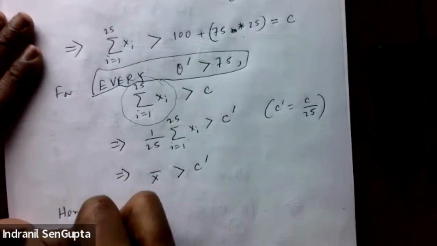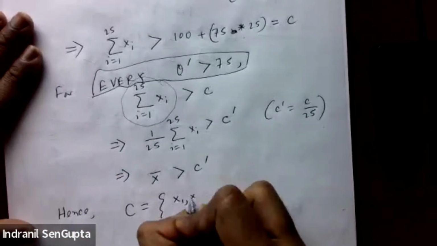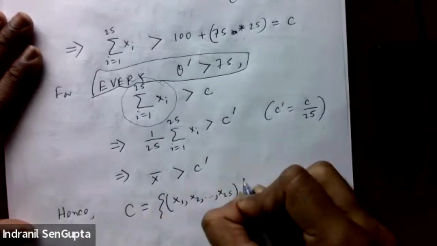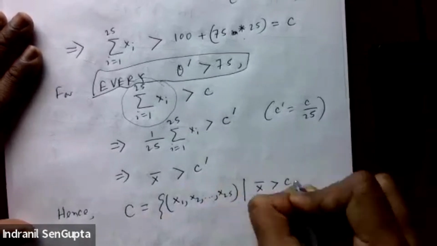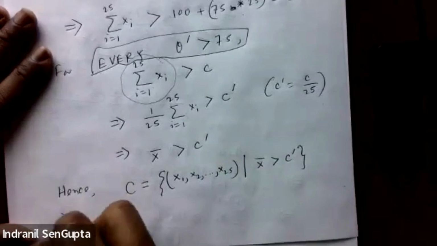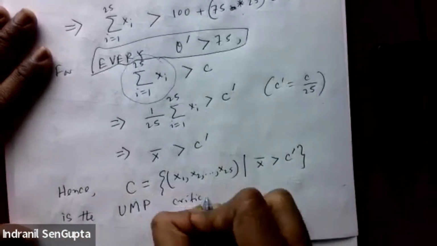Hence, x bar bigger than c prime is the uniformly most powerful critical region.